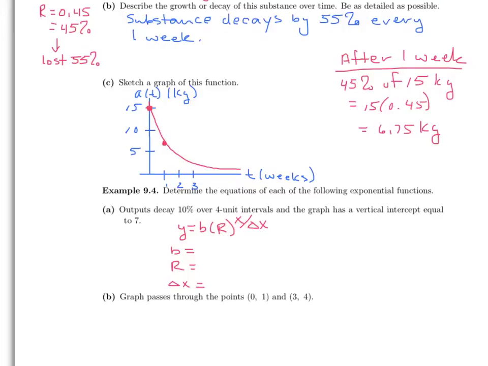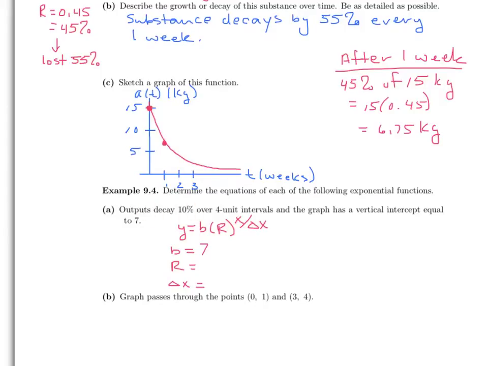Okay, B represents our initial amount, or you can think of it also as the y-intercept, or the vertical intercept. In this case, you're told that that's 7. So the B is 7. Now we need to figure out the growth or decay factor. In this case, it'll be a decay factor because you're told that the outputs are decaying by 10%.